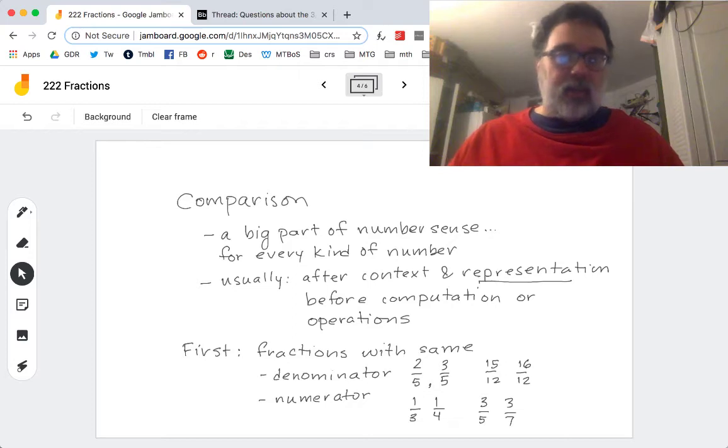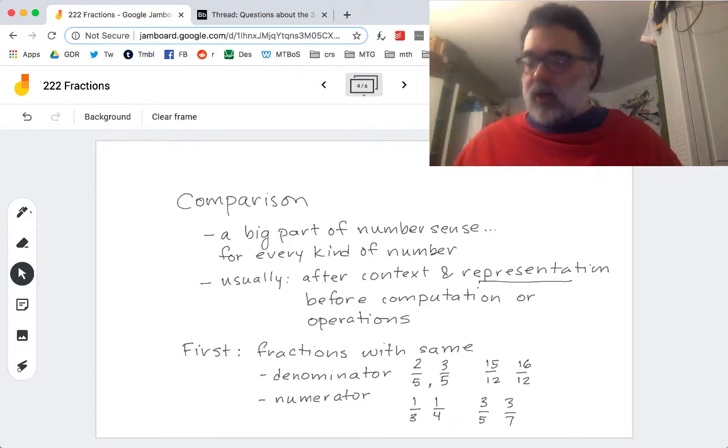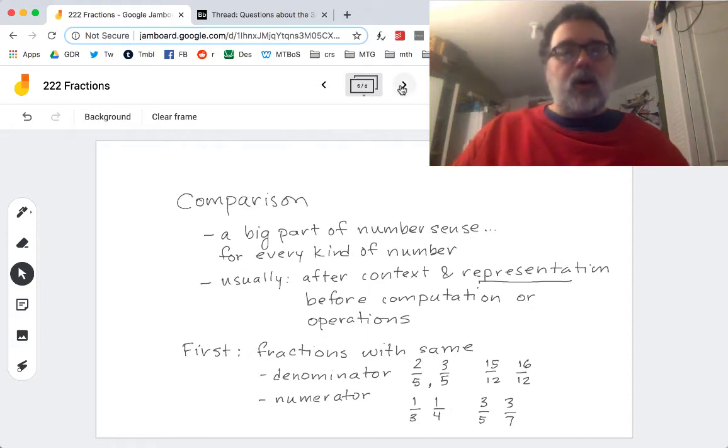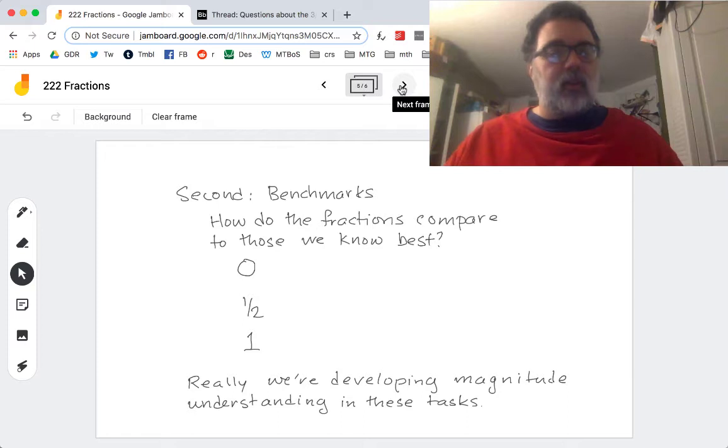Plus, this is just another way. In math, we love to have more than one way. So the second way is comparing them to numbers we're more familiar with, to have benchmark numbers. And so we can think about how numbers compare to those numbers that we know best.